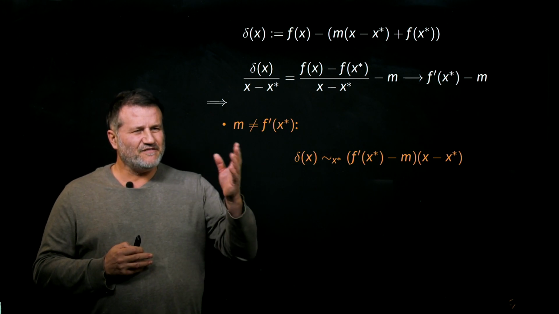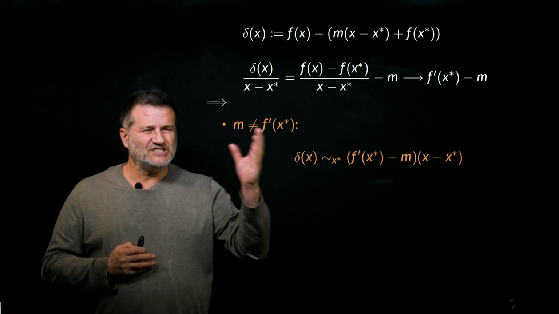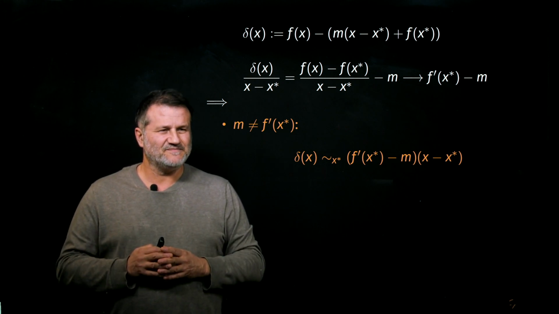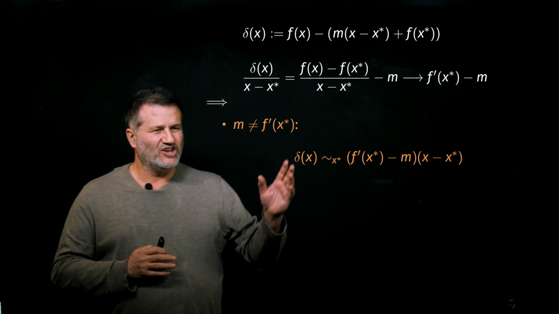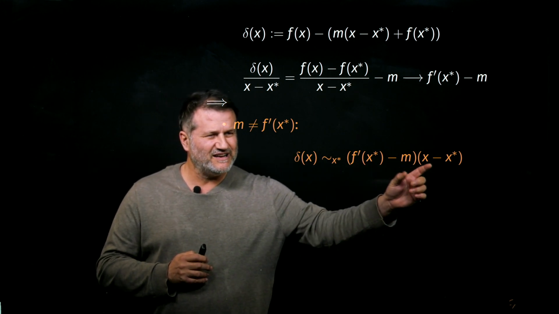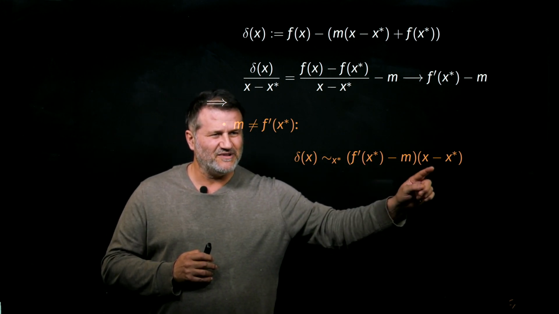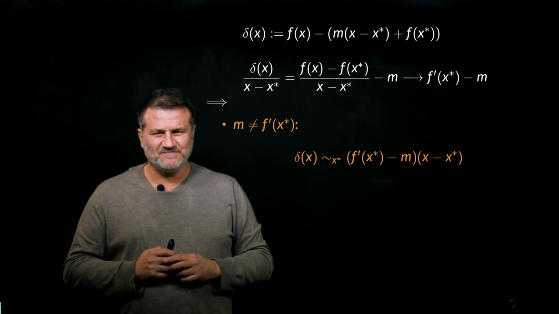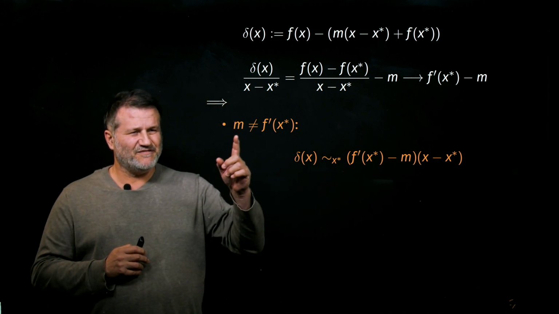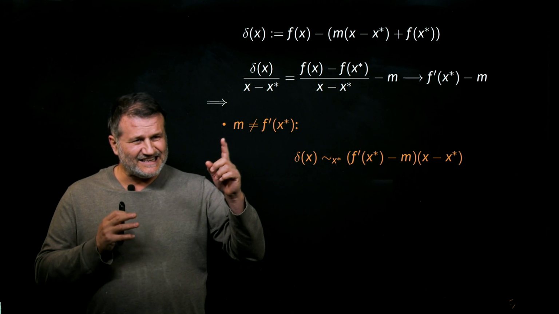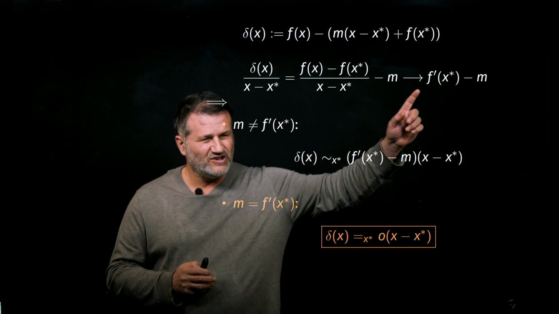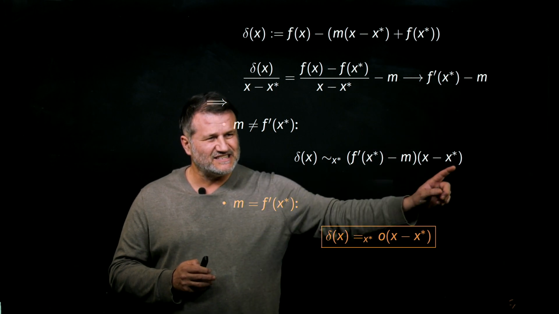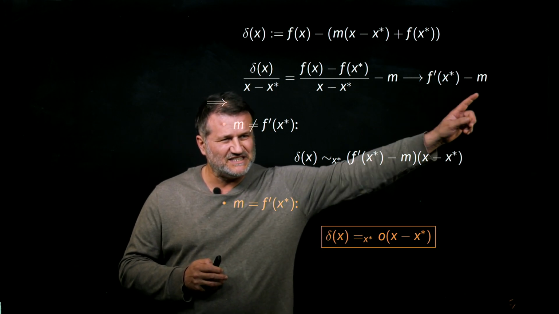And this leads to two important conclusions. First, if the straight line is not the tangent line, then delta x, the gap between function and straight line, goes to 0 proportionally to the increment of the variable, so x minus x star. While if the straight line is the tangent, then delta x goes to 0 faster than x minus x star, because this difference will be 0 now.